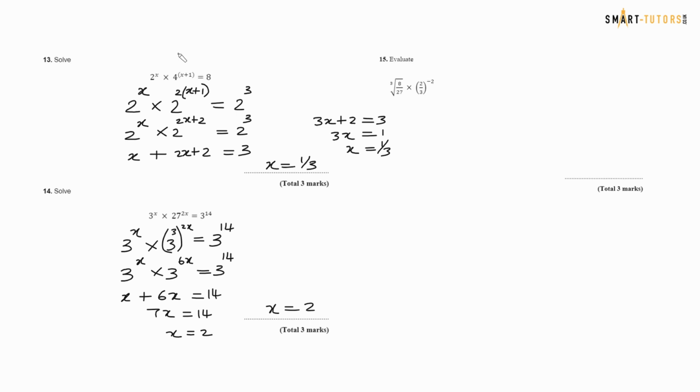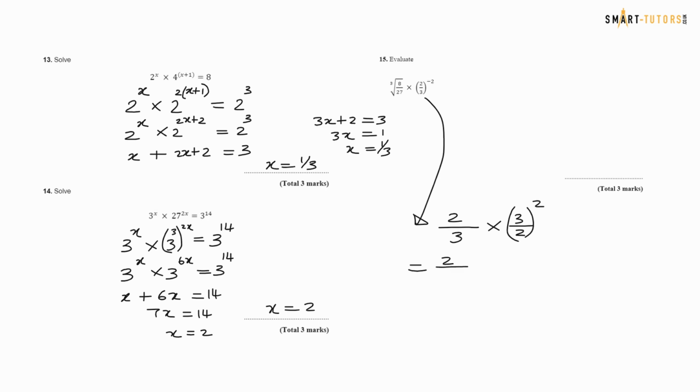Question number 15, let me do it here. Cube root of 8 over 27, we know 2 upon 3 times 2 upon 3 times 2 upon 3. The negative power can be flipped, so 3 upon 2 squared, changing the denominator and numerator the other way around.